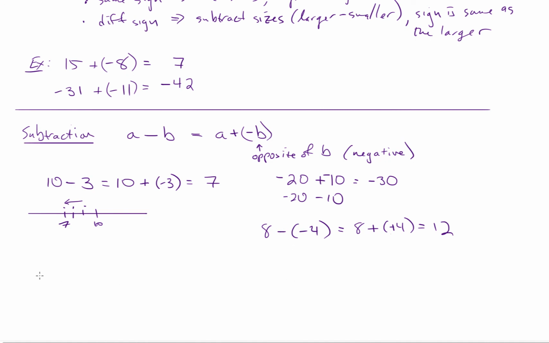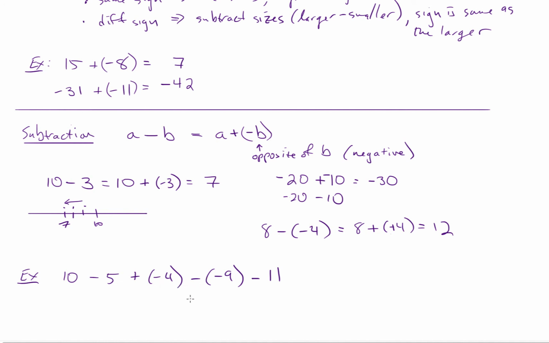A more complicated example might be if you've got a whole string of additions and subtractions, maybe 10 minus 5 plus negative 4 minus negative 9 minus 11. So it might be useful here, especially if you've got a long string of things, to convert everything to addition.